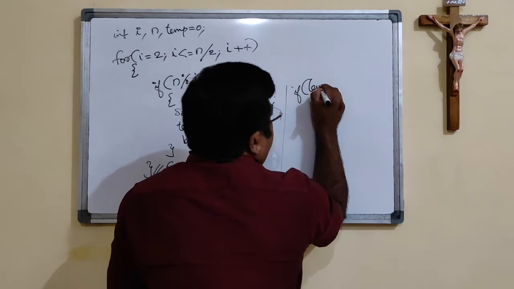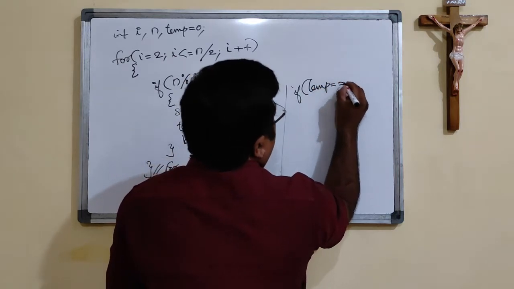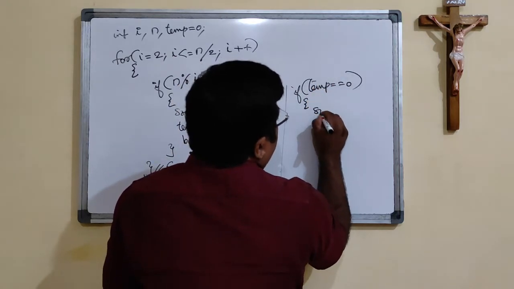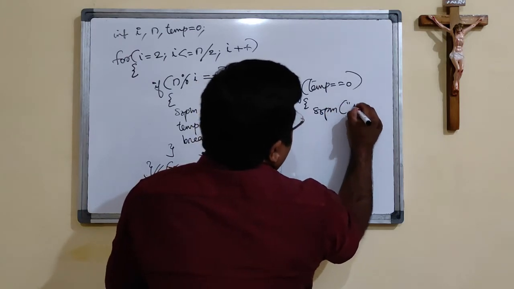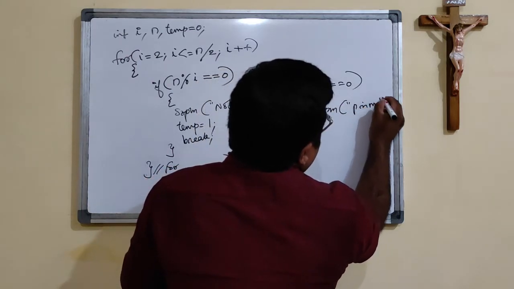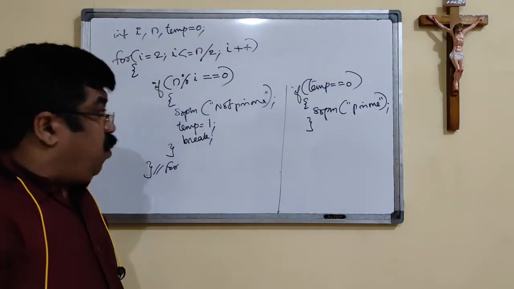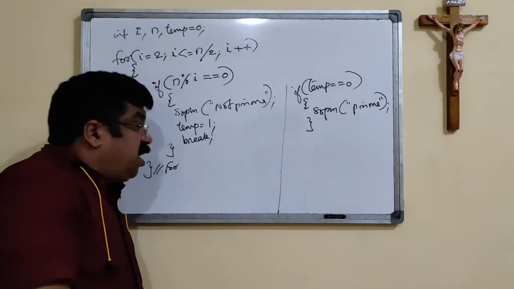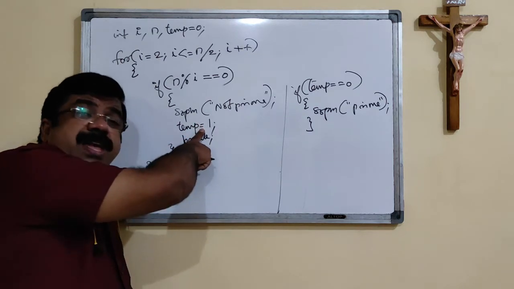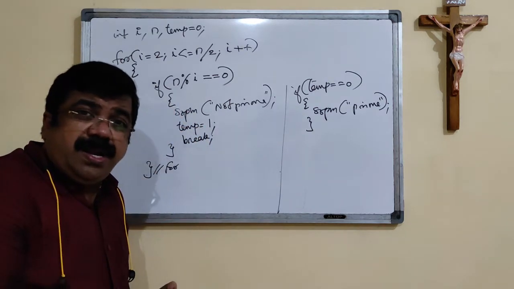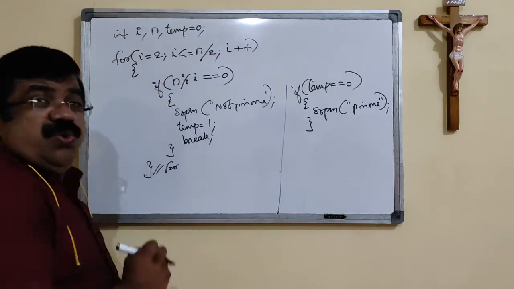If temp remains 0, we will say System.out.println prime. That means we never got a factor, so temp will remain 0. When we get a factor, what will happen? Temp will not remain 0. Initially it was 0.